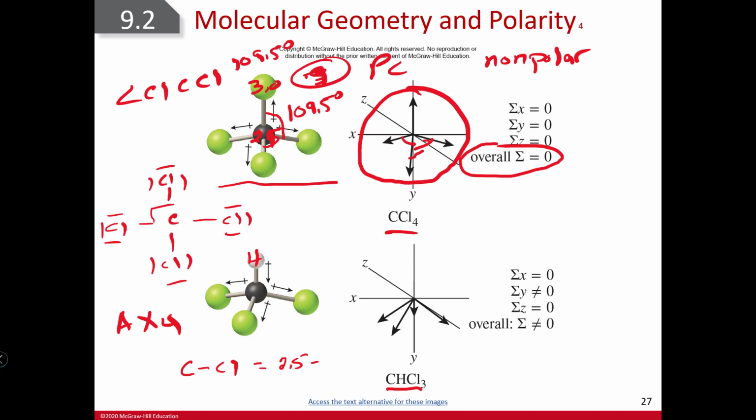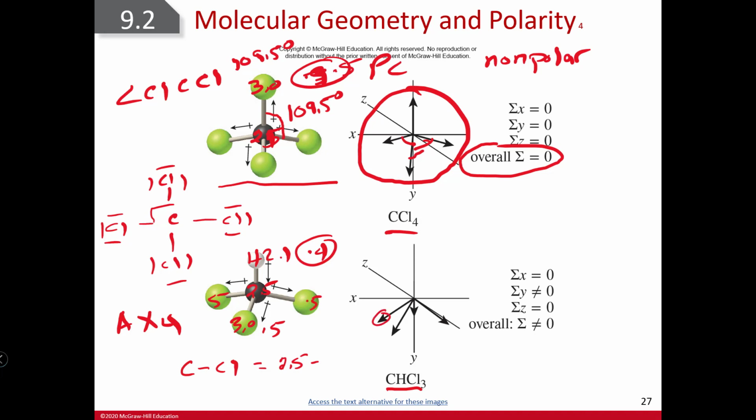Let's see, 2.5 and 3. Yeah, the difference up here was 0.5. This is 2.5, I said 2.1, it's 2.5. This is 2.1, so a difference of 0.4. So we would say that's just a pure covalent bond. And then 2.5 out here to 3.0 is 0.5, so this is a greater force pulling out this way.